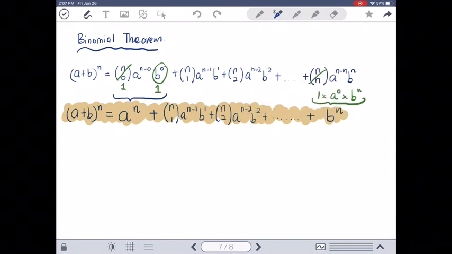Now let's have a look at one example. Say we have, let me use another color, black.